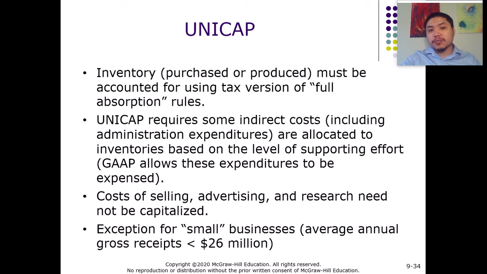So the major purpose of UNICAP is to raise the amount of capitalization of inventory costs. Basically, the range of items covered under UNICAP includes those items that are covered under GAAP, but UNICAP expands to include some other items that are not included in GAAP, right?